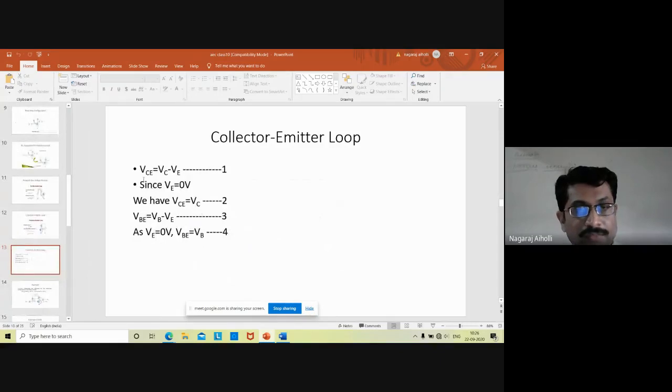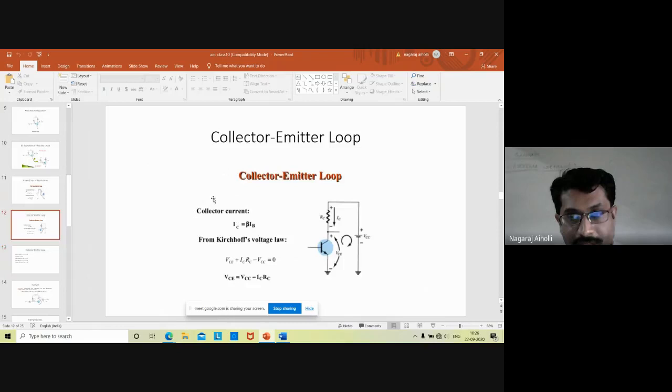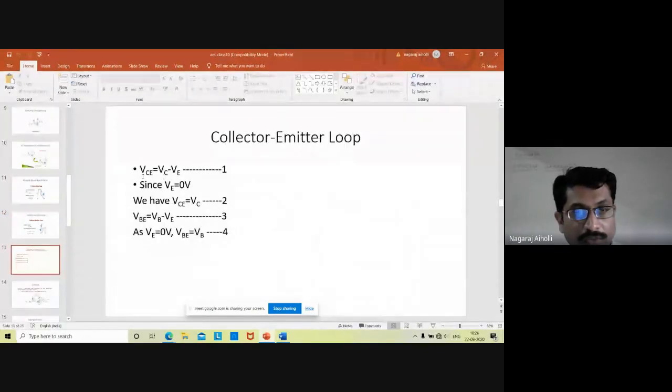So what is VCE? VCE is the collector to emitter voltage. I can write it as collector voltage minus emitter voltage. That is, the voltage between collector and emitter terminals is the voltage between collector and ground, that is VC, minus the voltage between emitter and ground, that is VE.